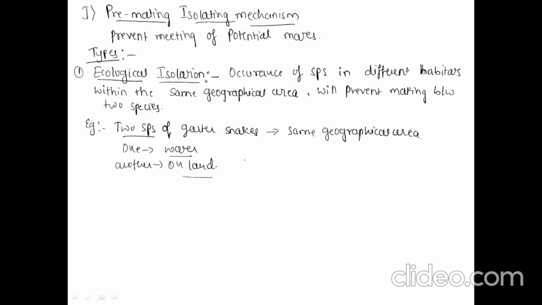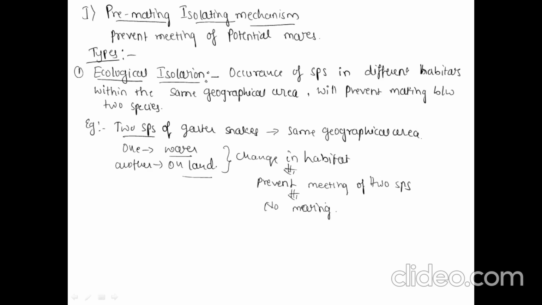This change in habitat will prevent the mating of these two species. There is no mating as there is a change in habitat. This is ecological isolation.